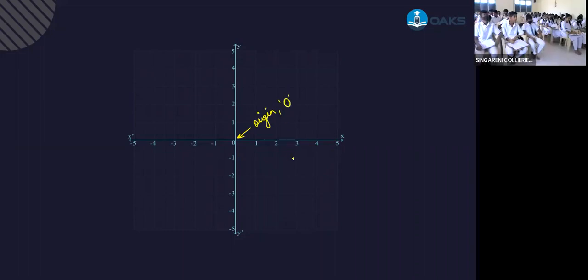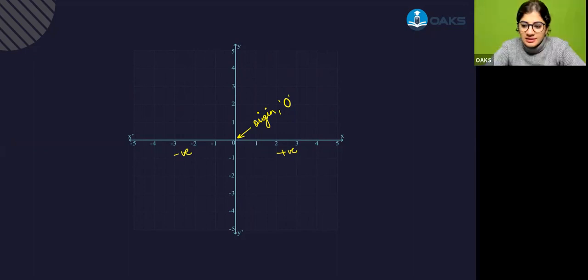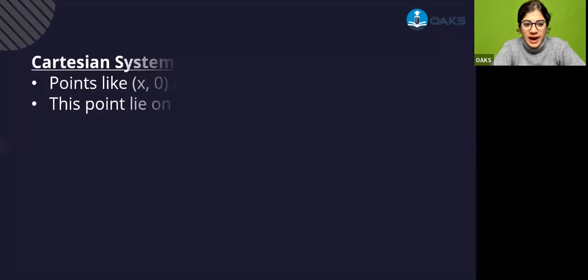Now, we can say that from the origin, right side is positive numbers. From the origin, left side is negative numbers. So we are taking the origin as reference point. School 2, do you understand? Okay. School 1, do you understand? Okay. So, moving on to the next part, let's see what we have.